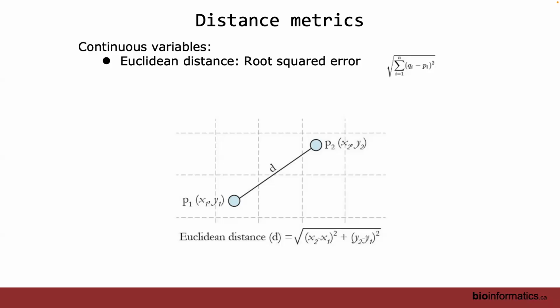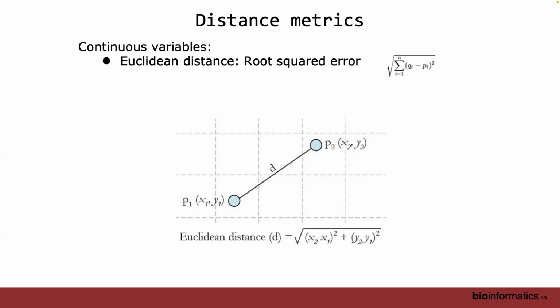Okay, so now x2 is the value for B here, right? So you can see what's happening. It's B's x value minus A's x value, squared, plus B's y value minus A's y value, which is 0, squared.